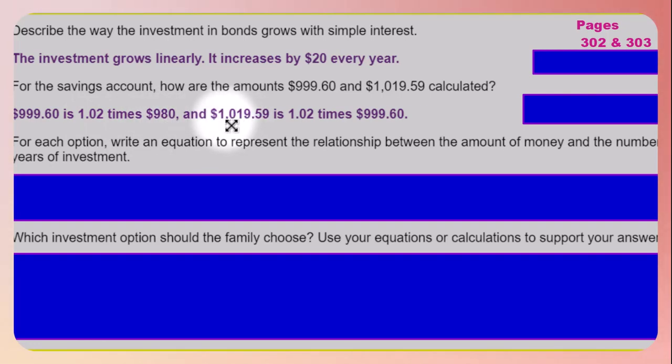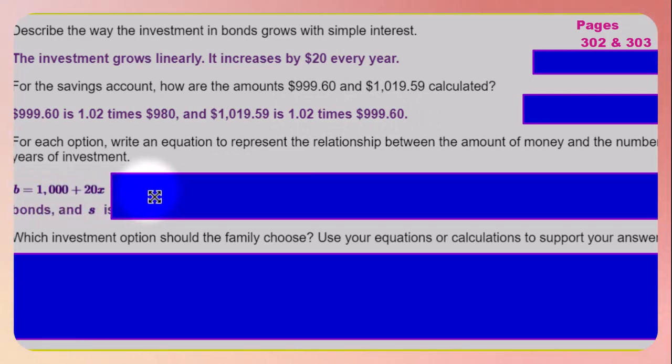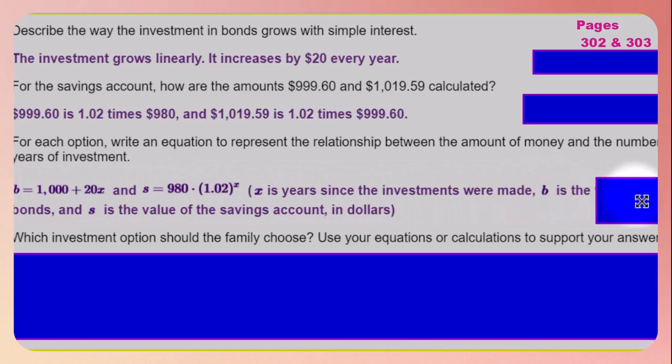And $1,019.59, we get that by multiplying by 1.02. Each time we go up, we multiply by 1.02. So it's showing growth.